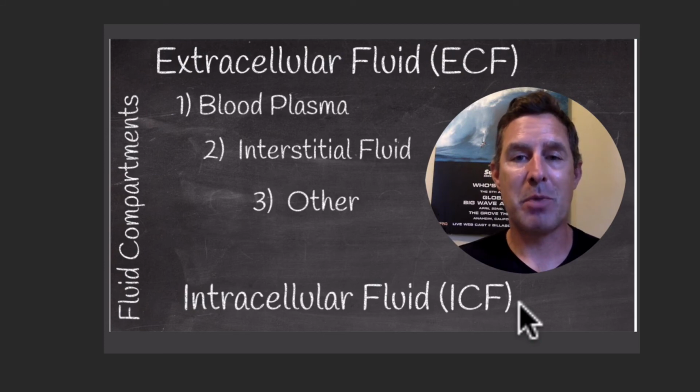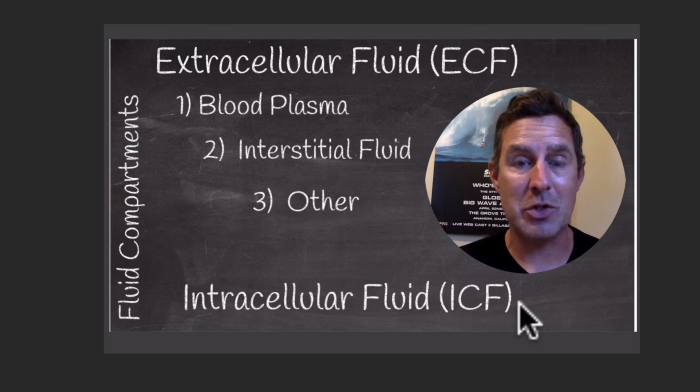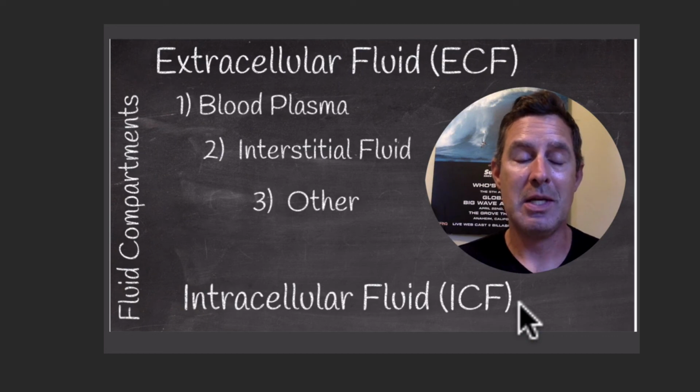For example, pleural fluid around the lungs is part of the extracellular fluid. Pericardial fluid around the heart is extracellular fluid. The fluid in our eye, the aqueous humor, is part of the extracellular fluid. And this water plays a significant role in the functioning of the human body and a lot of things we're going to look at within human physiology.